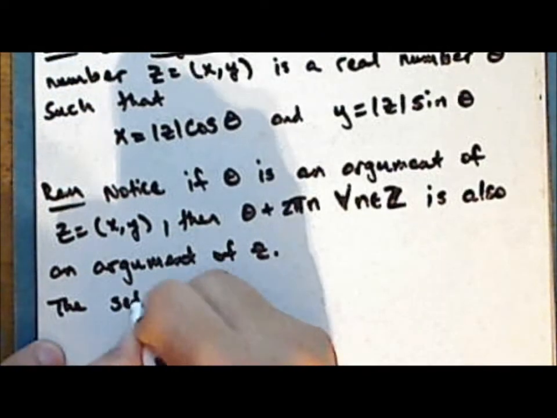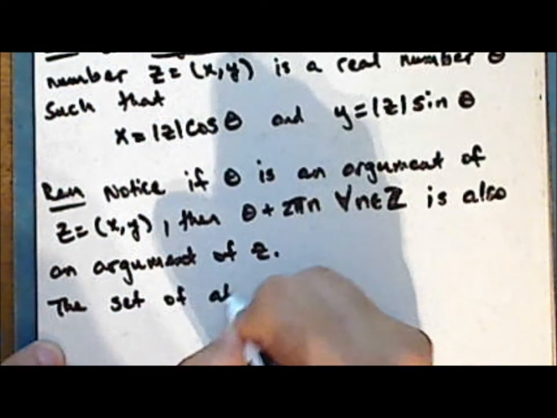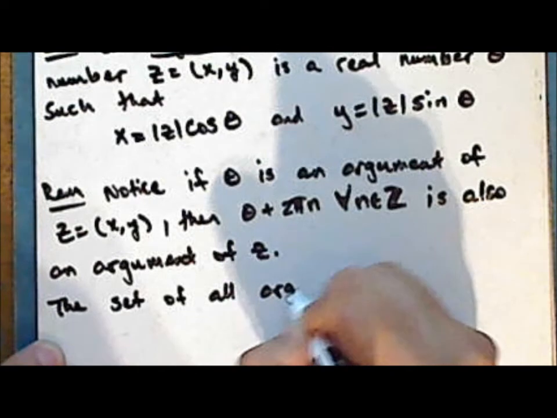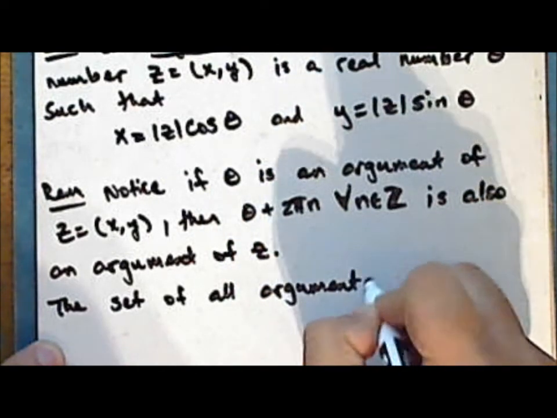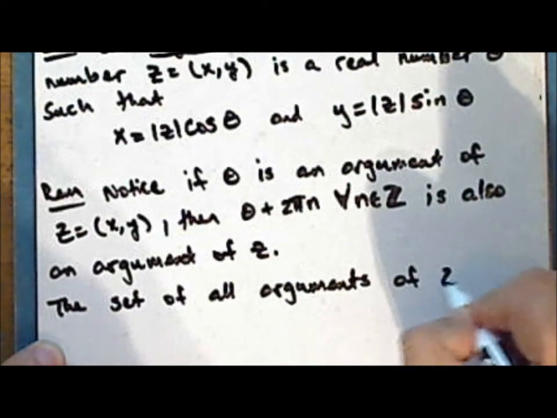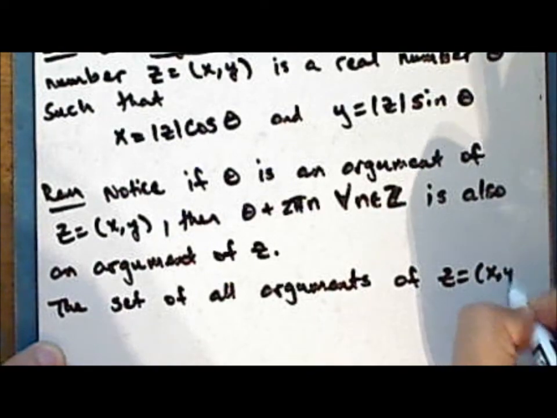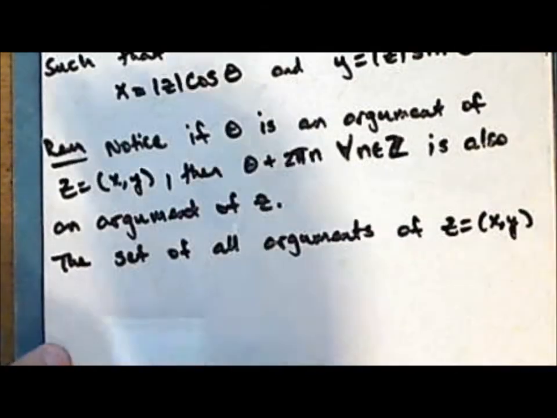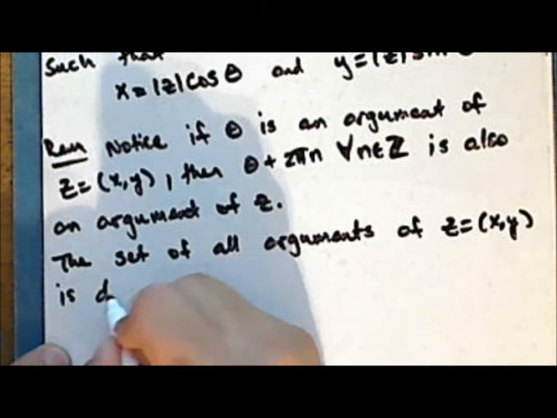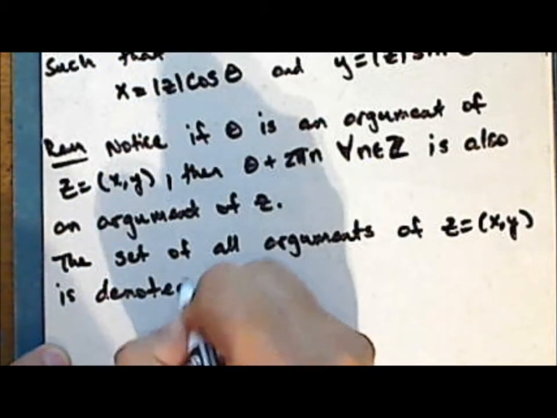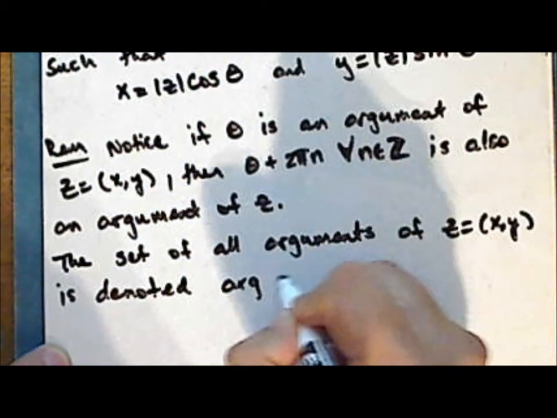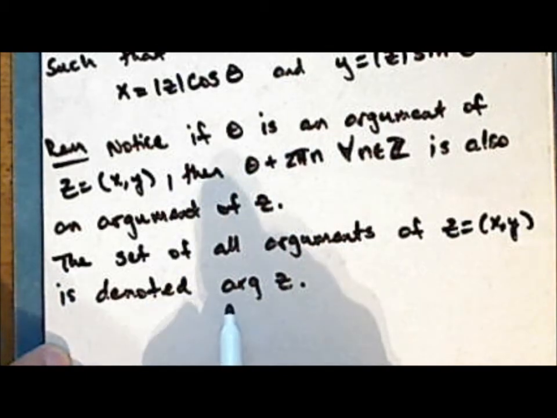The set of all arguments of the complex number z is denoted arg z. Notice the lowercase a.